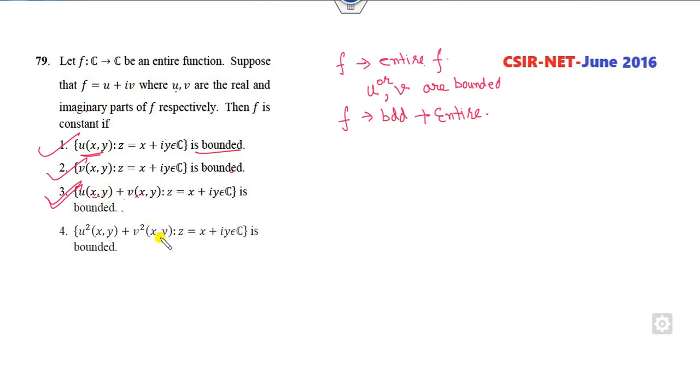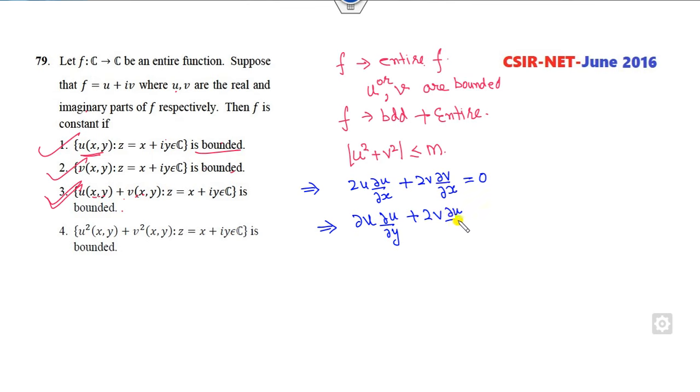Now u square plus v square is bounded. This is given to you. Then f is a constant. So how can you think about that? I can take the derivative with respect to x, and with respect to y.